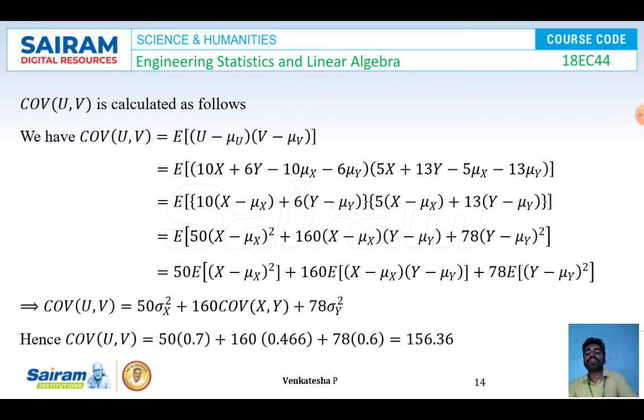So I got the equation for covariance of uv is 50 sigma x square plus 160 covariance of x comma y plus 78 sigma y square. By replacing the values of sigma x square, covariance and sigma y square, I got covariance of uv is equal to 50 into 0.7 plus 160 into 0.466 plus 78 into 0.6. So it will be equal to 156.36.